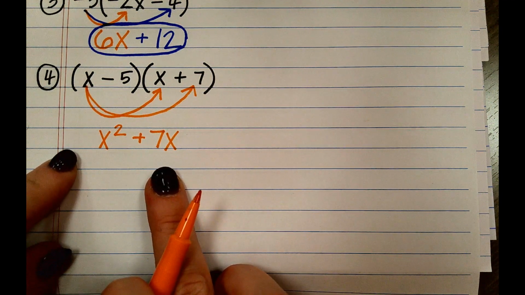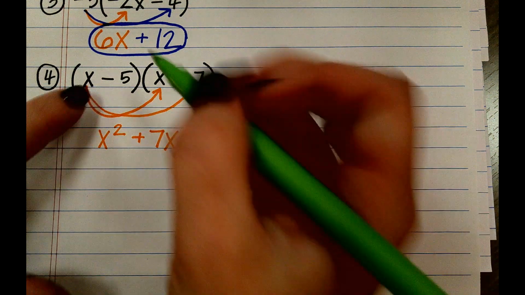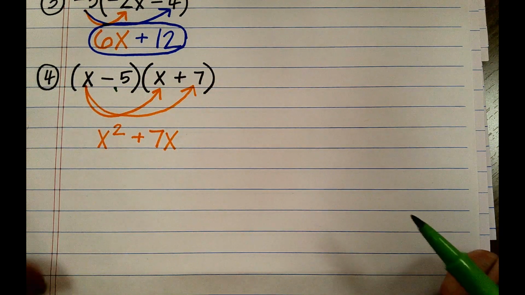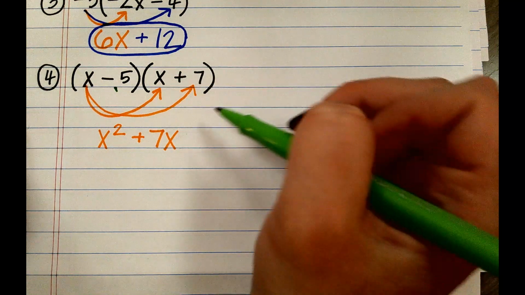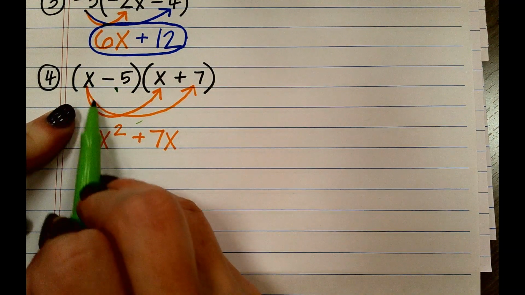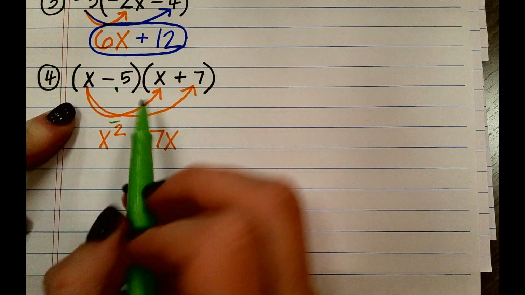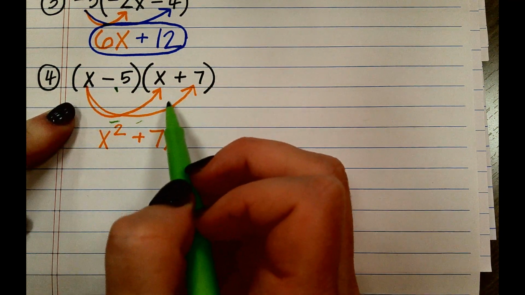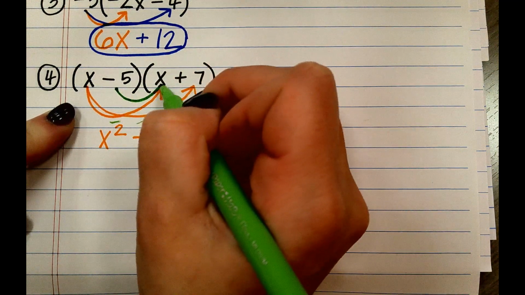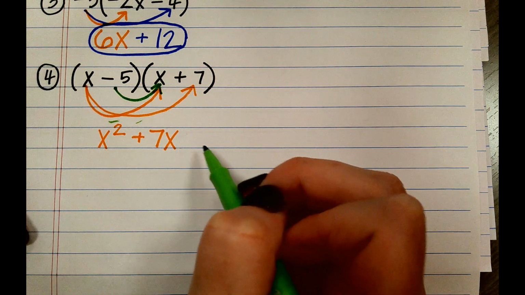Okay. And then negative 5 next, times 7. You could do times 7. Now, if we're doing the FOIL method, you did first, which was your x times x, outer x times 7, what would your inner be? Negative 5 times x, which is negative 5x.